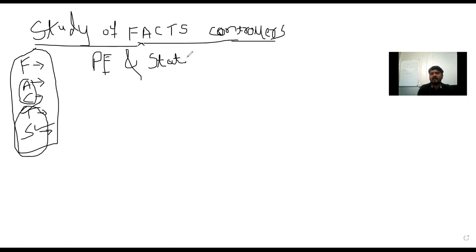That is called FACTS, the flexible AC transmission system. How it increases the power transfer capability, I am going to tell you now.